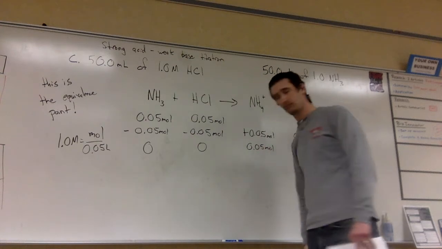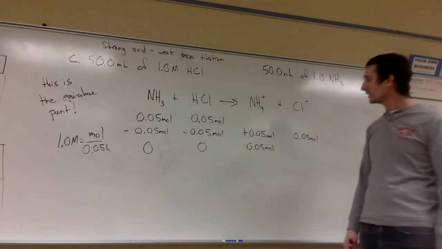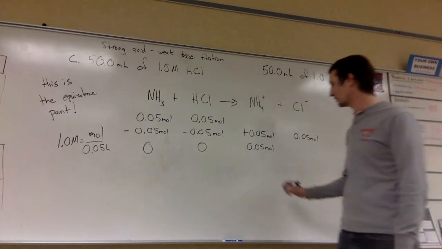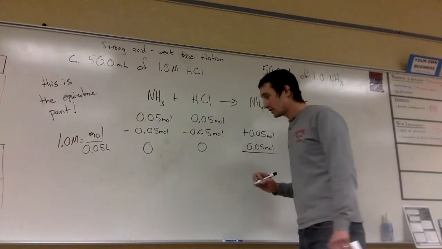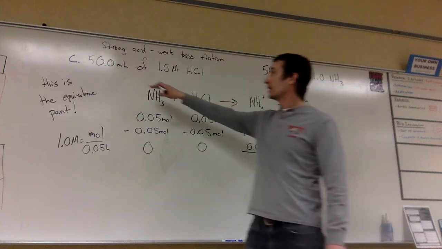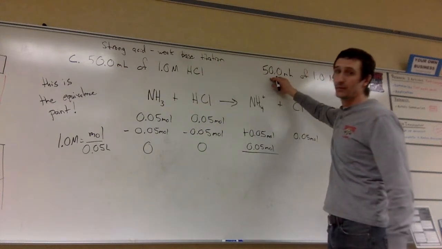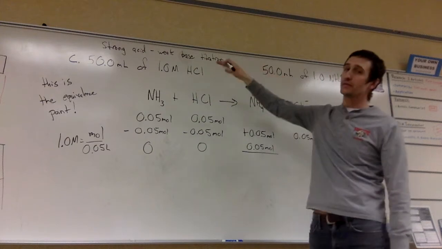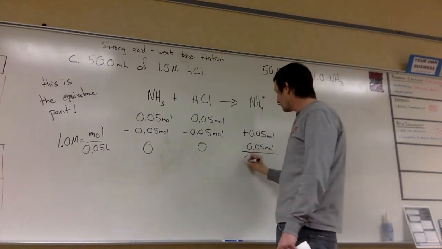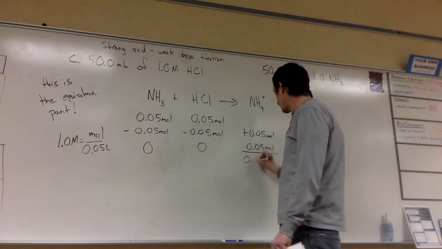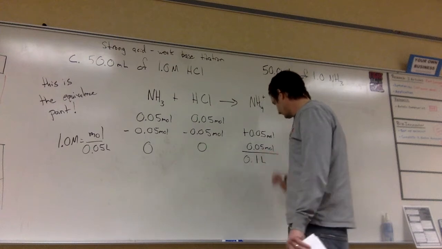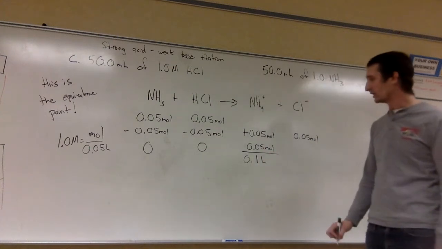Which means that at this equivalence point, if I have 0.05 moles of ammonium, I can find its concentration. And concentration is simply the number of moles over the total volume. And so you had 50 milliliters and another 50 milliliters. So the total volume here is 0.1 liters, 100 milliliters or 0.1 liters.